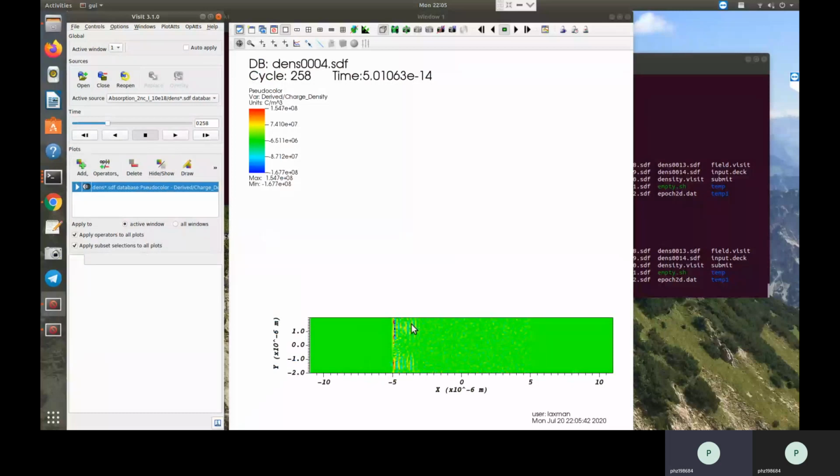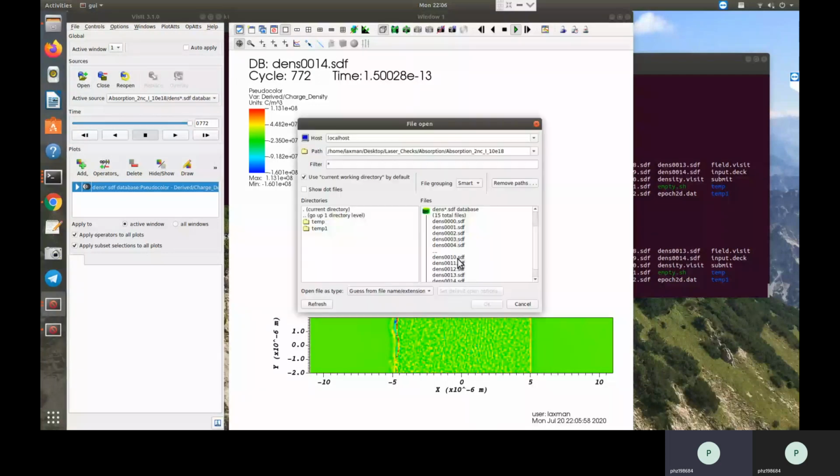We can see there are some density variations at the boundary. Okay. Now let's move to the field plots.